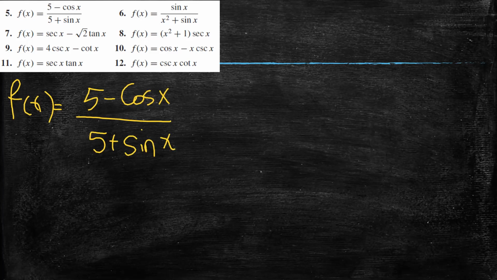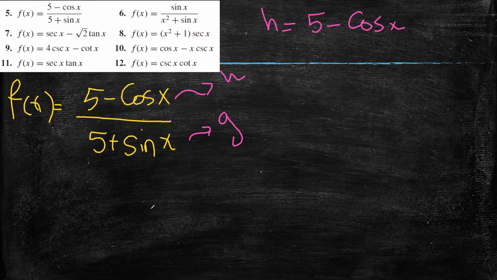Now, if I name this h and this g, so I will say now h is 5 minus cosine x. So h prime will be negative 0, okay. The derivative of cosine is negative sine.